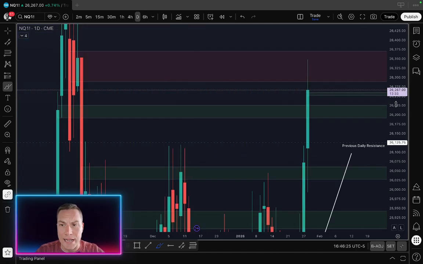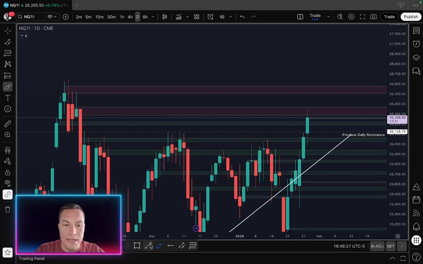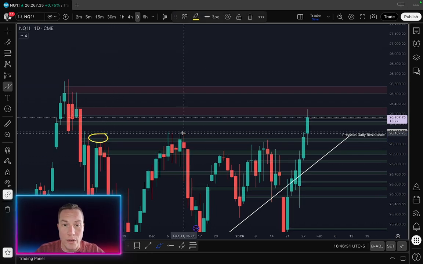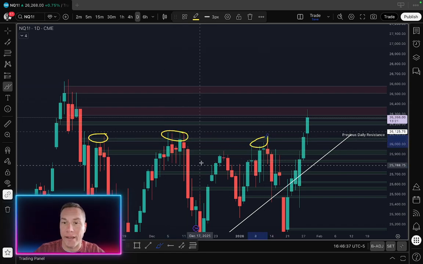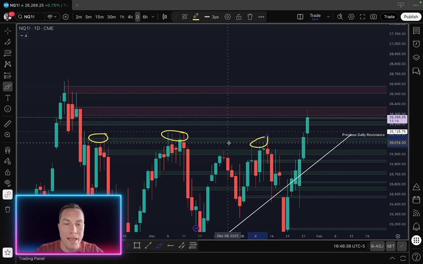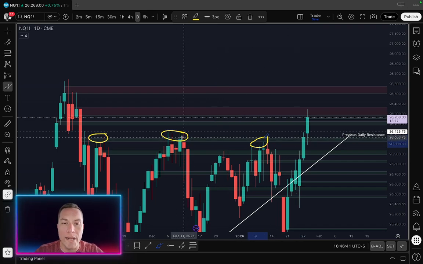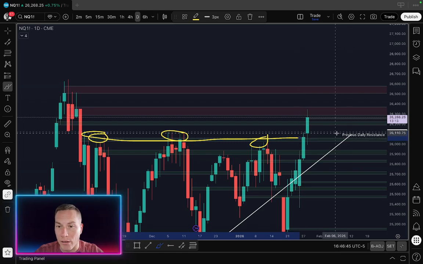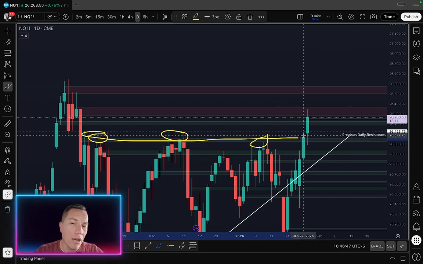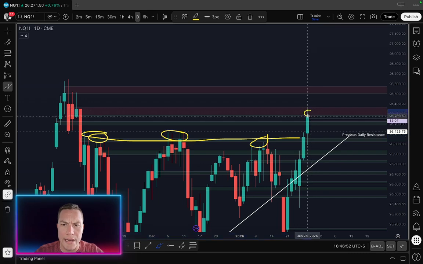If I look at the daily, these areas right here are very important, right? Resistance. Here's more resistance. We didn't even get up there, right? In my mind, I'm thinking, okay, if we break above this area, which is why I marked it right here with this line, we're probably going to get a move up to some sort of supply area.